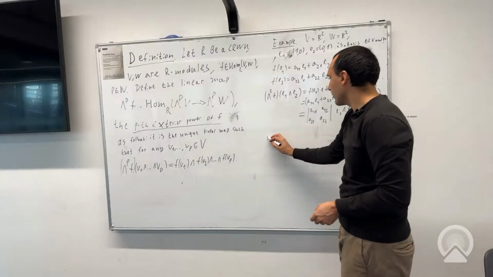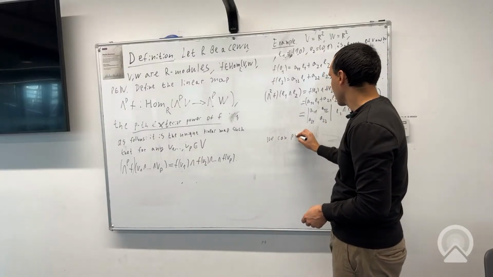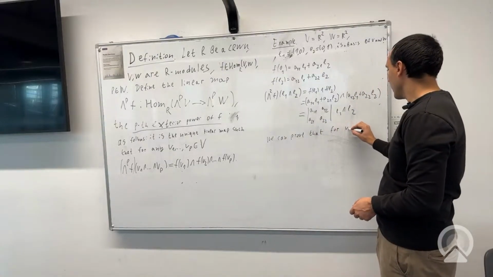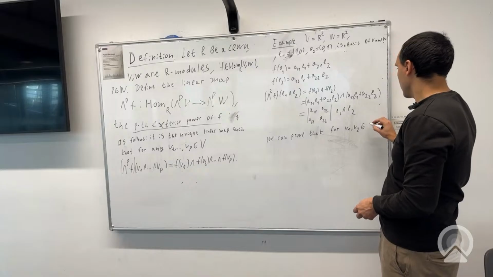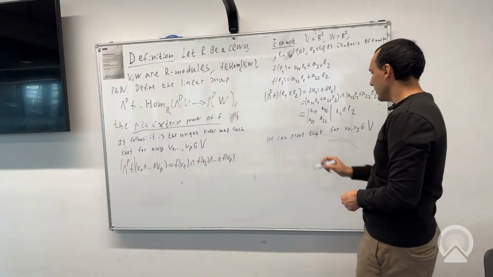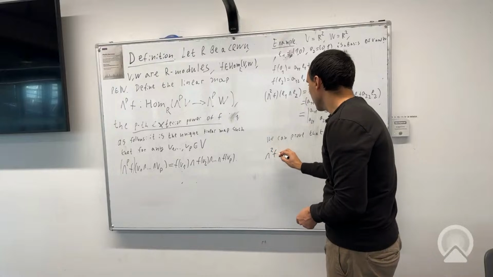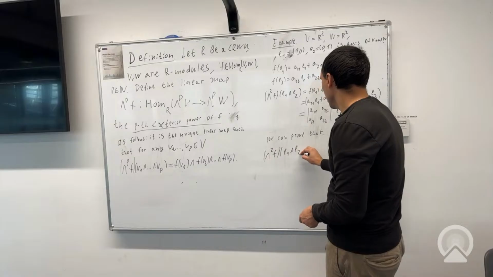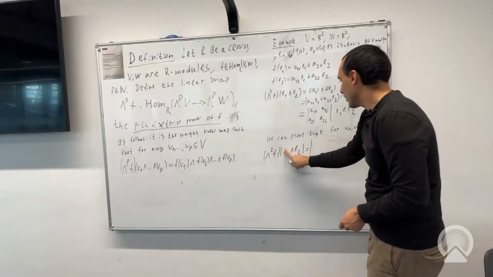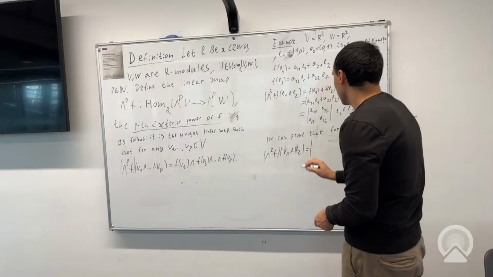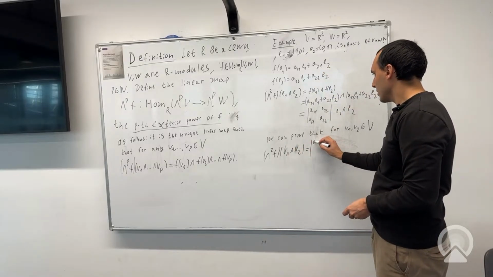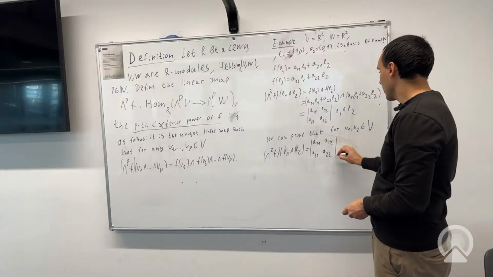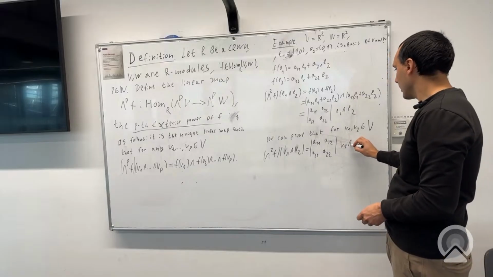And we can prove in general that for any v1, v2 in this space V, we have lambda 2 f of v1 wedge v2, not only for the basis vectors, is this determinant times v1 wedge v2.